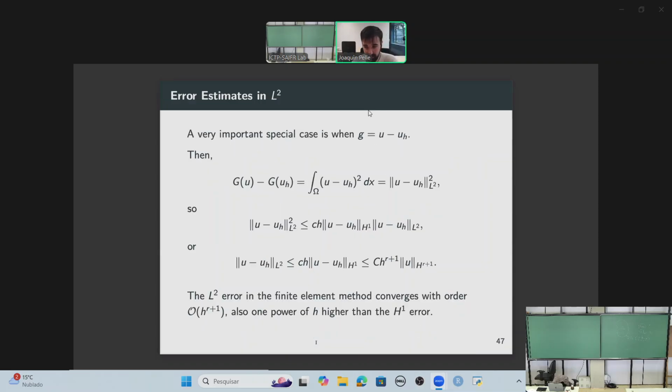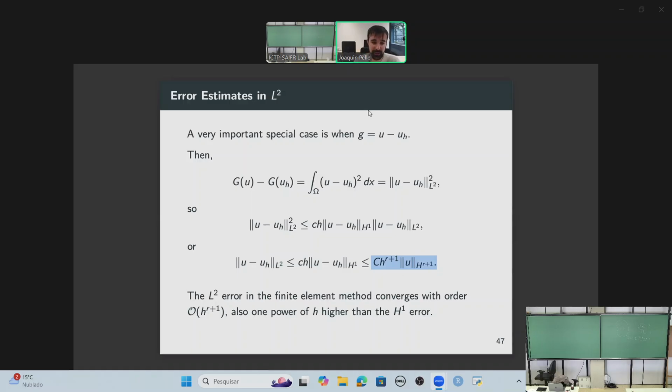And finally, we can extract some more useful information from this if we consider the very important special case where g itself is the error of the approximation. Then we can just use the result from the previous slide to write a bound for the L2 norm of the approximation error like this.